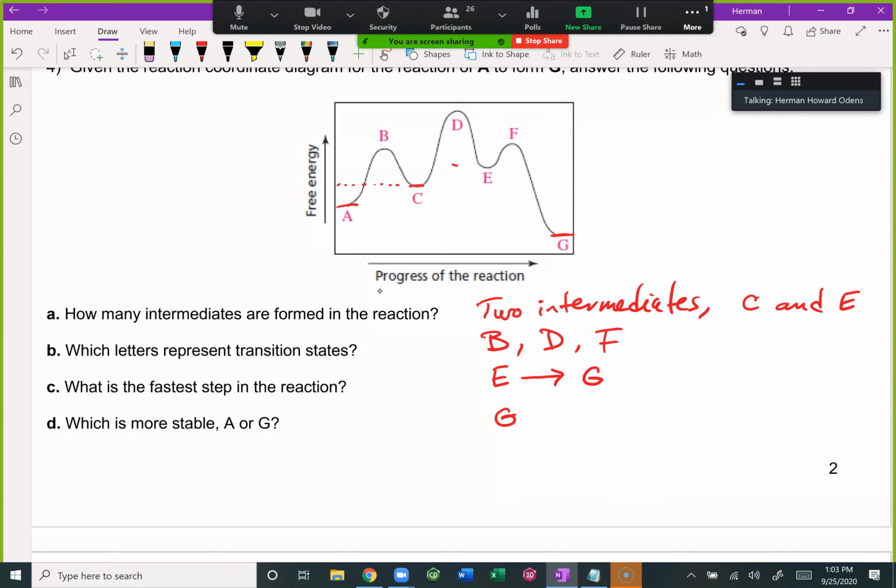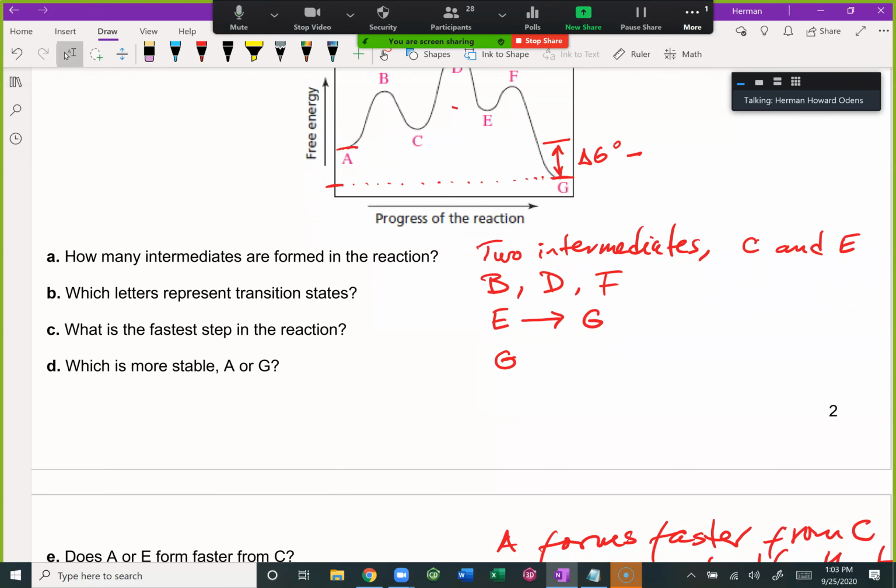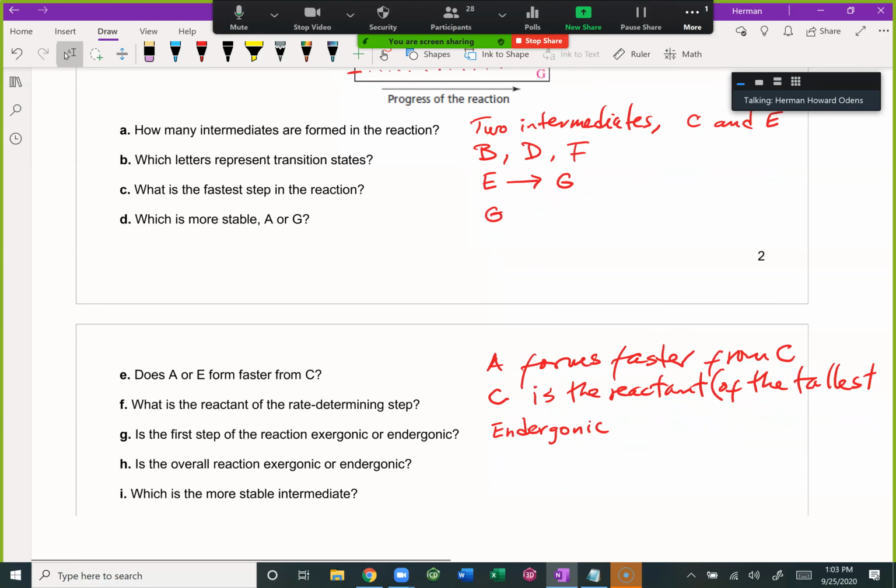Very good, because the products are much lower in energy than the reactants. So we're comparing this delta G here, and this will be negative, because G minus A will give you a negative number. All right, so this is exergonic. Very good.